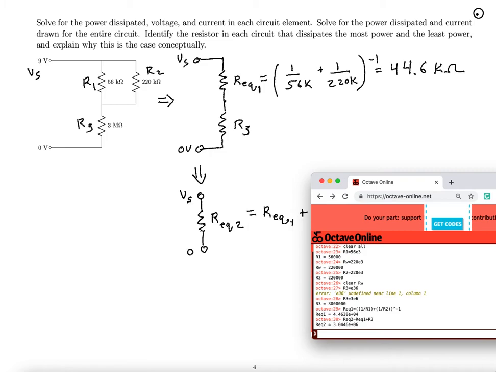So the voltage across this is V sub S, so the current is easy to obtain. This is the current through the entire circuit, so I'll use no subscript there. The current through the entire circuit must be V sub S over R equivalent 2.